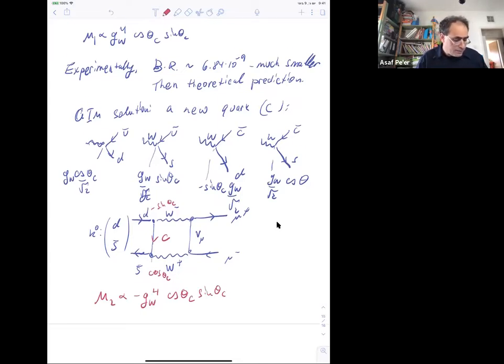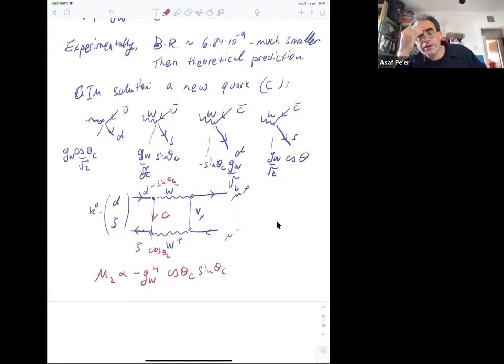They nearly cancel out, but not exactly, because the mass of the charm quark is not the same as the mass of the up quark.